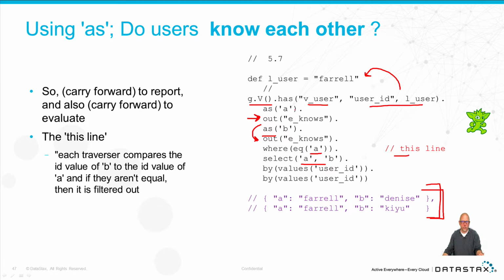So this construct of as out, and then do an equality will tell you it's a bidirectional relationship. Farrell knows them, they know Farrell, they know each other, not just I know Bono, right? Bono has no idea who I am. An example we've beat to death. And then this last little block is really just the what do I want to output. That's a pattern we use frequently, and now you know how to do it.